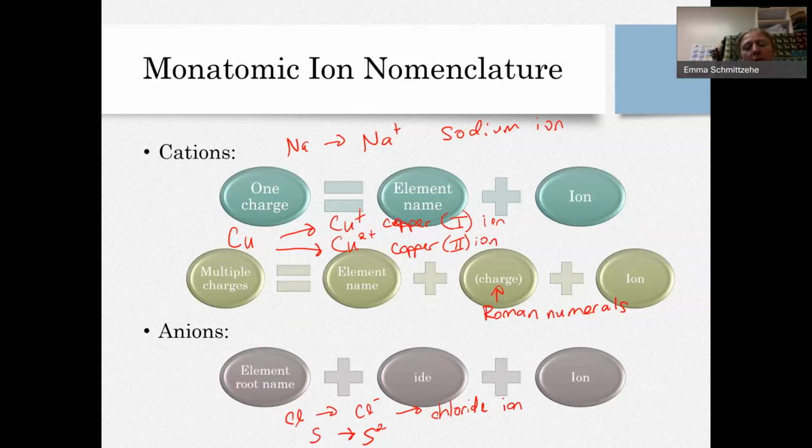It's just enough till it sounds good, I guess. So for that, it ends up being sulfide. They drop the UR off of that, and it turns into sulfide ion. So that's your general pattern of any monatomic anion.